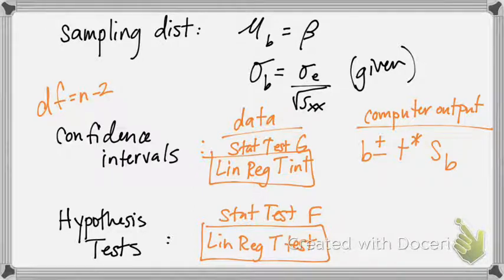And the formula for that is T equals B over SB. So that is it for today. I know it's a lot of information, but we'll go back and do the write-ups next class.